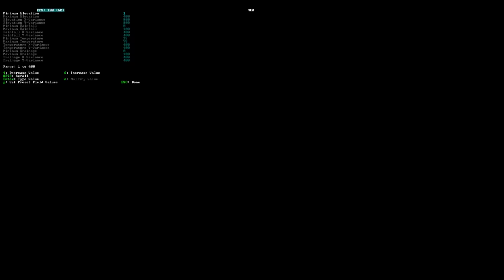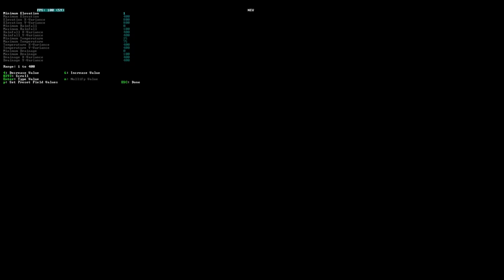Alright, we have minimum elevation and maximum elevation. These are pretty standard. This one controls the range of terrain elevations that can occur in the world anywhere. After that, we have the elevation X variance and Y variance. These control how wildly things like elevation and rainfall can vary between adjacent map squares.